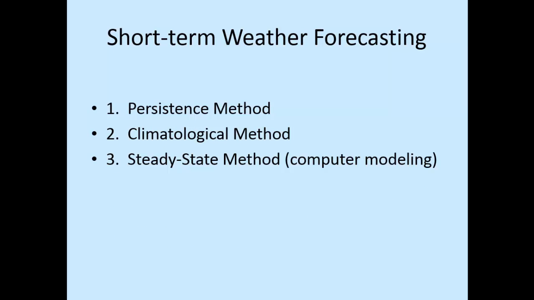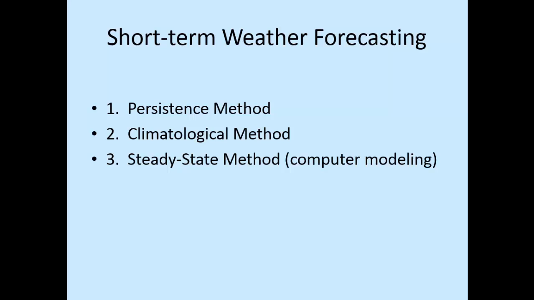All right, so in terms of short-term forecasting, and what I mean by short-term, I'm generally looking at your 5-day weather forecast, okay? There are certain techniques we apply to this, and number one is a persistence method. All that is simply taking a look at yesterday's weather, and it's probably going to be very similar today under certain weather conditions. We'll talk more about that in a minute.